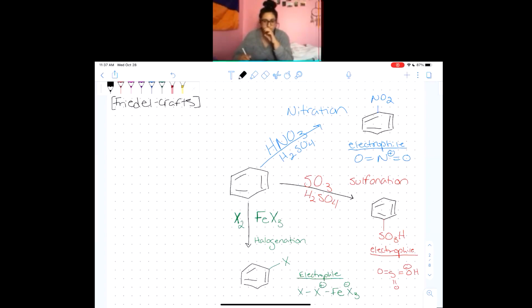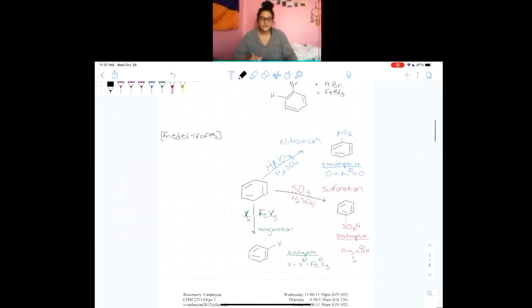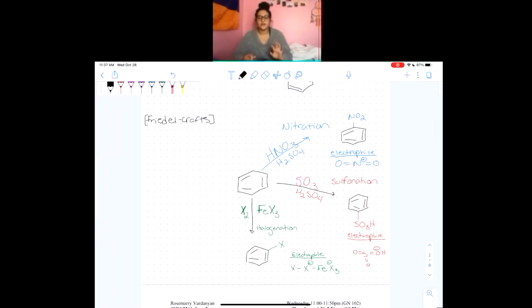Someone asked, so those aren't EAS reactions? No. All of these that we're covering are going to be electrophilic aromatic substitutions. But these are each kind of their own unique reaction under that EAS category. The next two that we're going to do are both in the Friedel-Crafts category. But again, they're all under the EAS umbrella.